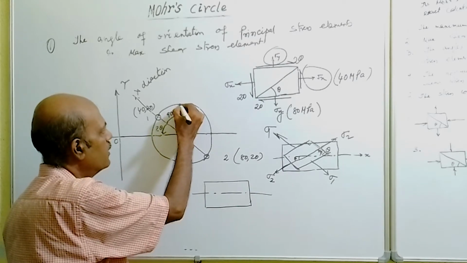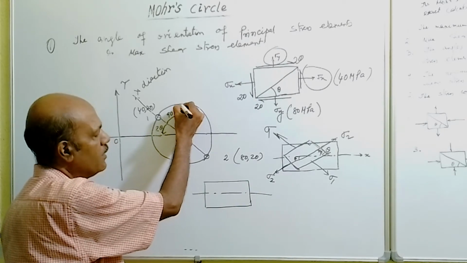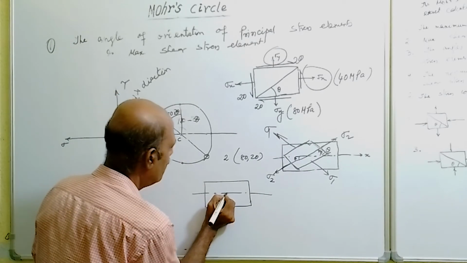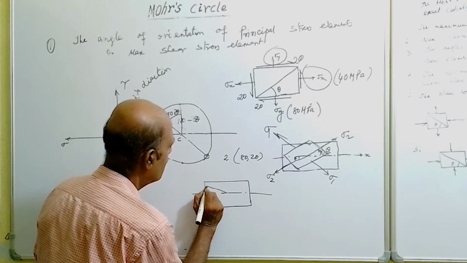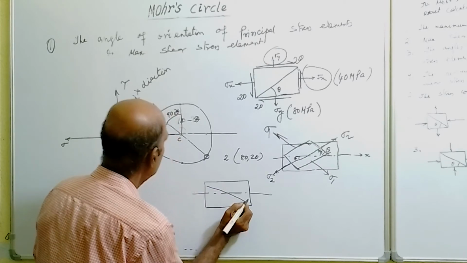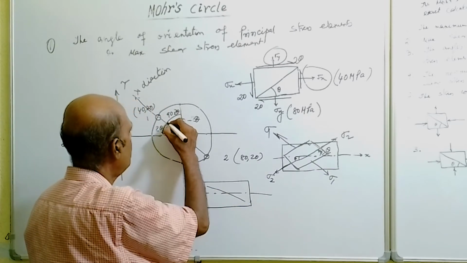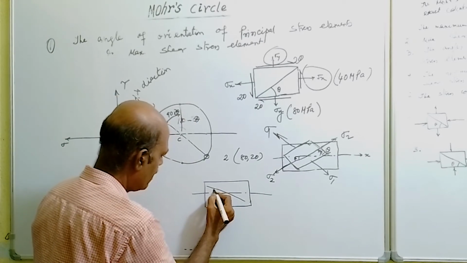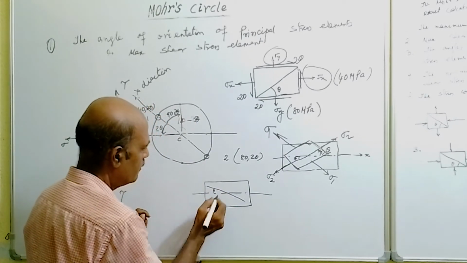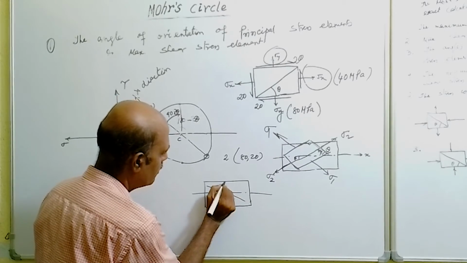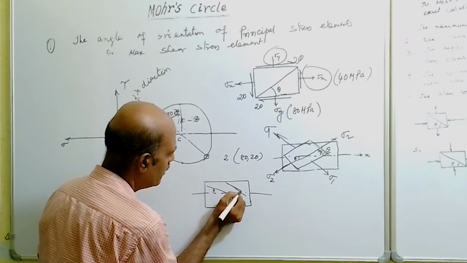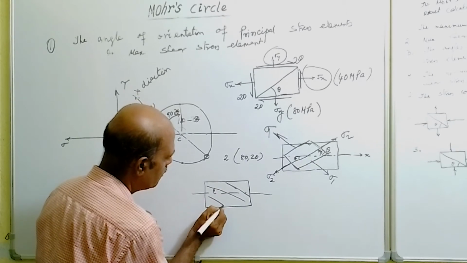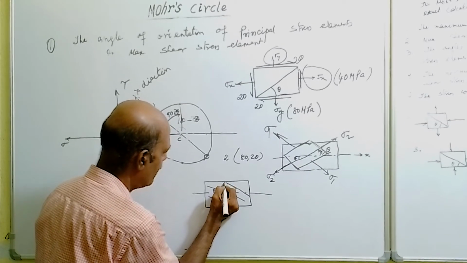So we will get this point, the point just above the center of the Mohr circle. Then here we will rotate this x direction in the same sense, that is, in the clockwise sense, draw parallel lines to this, and then draw the perpendicular here.